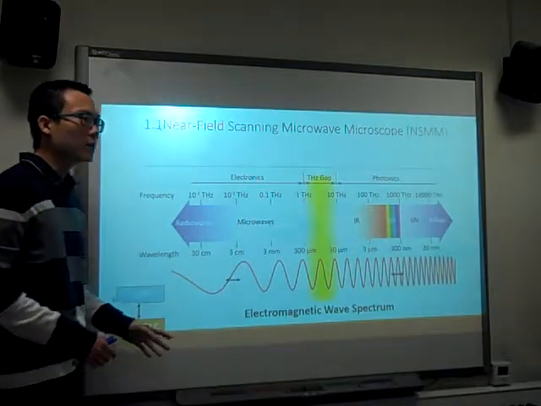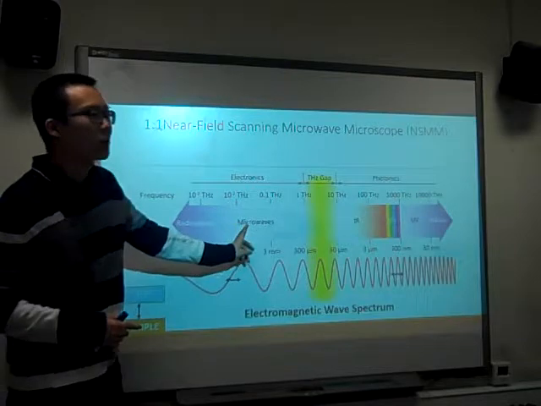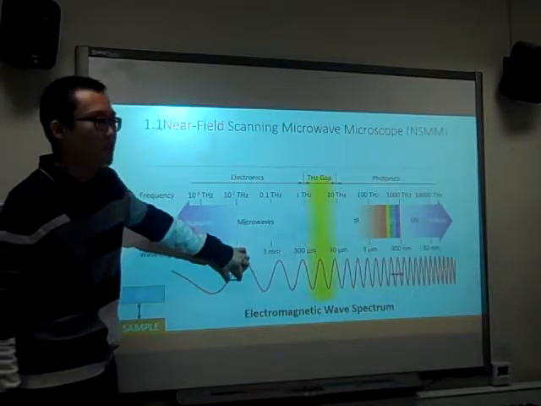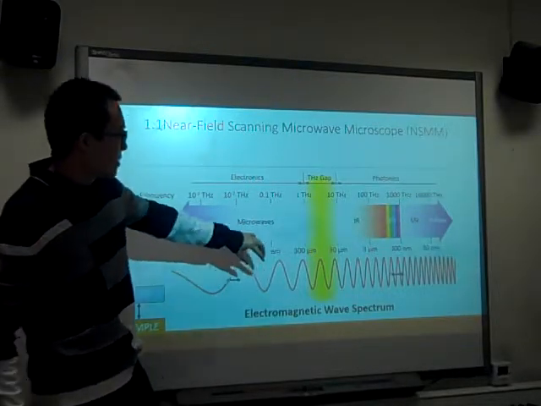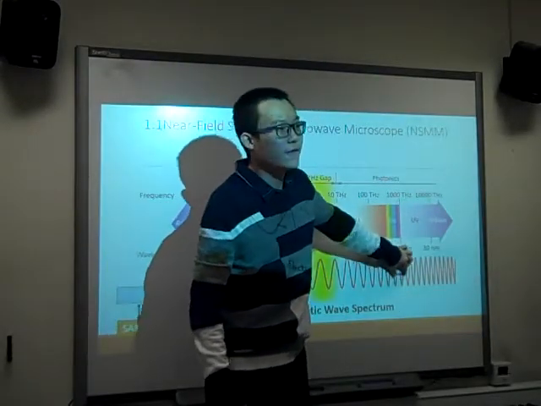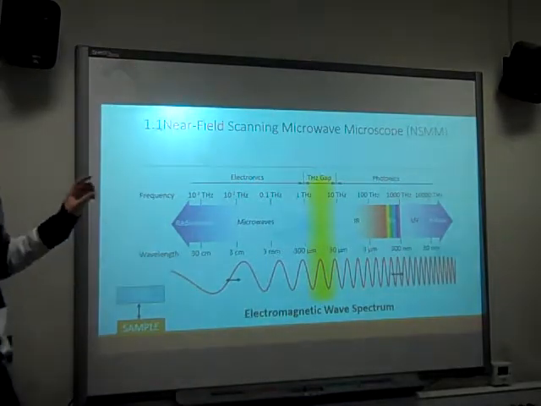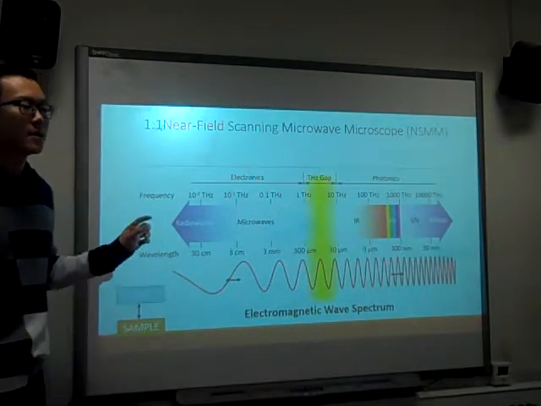So, to conclude, we see that if we use a microwave microscope, this distance is near field. But compared to visible light, this distance is far field to some degree. So what is the near field? It's a relevant concept.